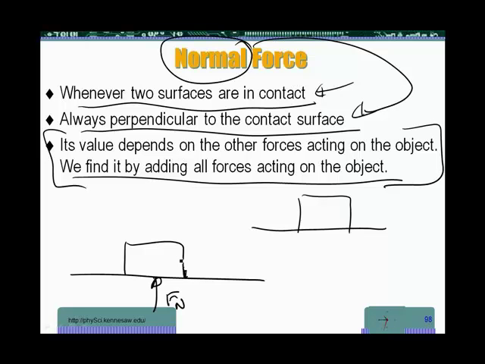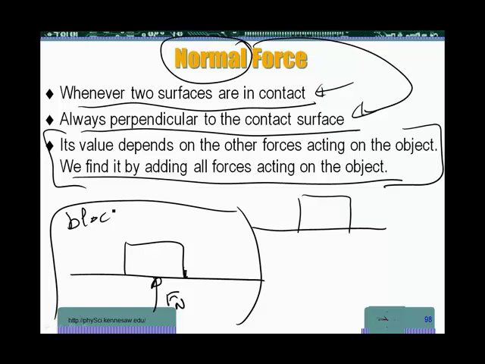Even though I have the same situation, here I'm going to focus on what's going on the floor. Here I was focusing on the block. Here I'm going to focus on the floor.